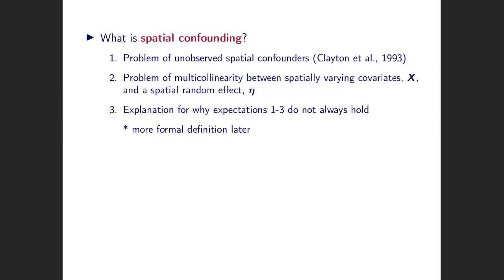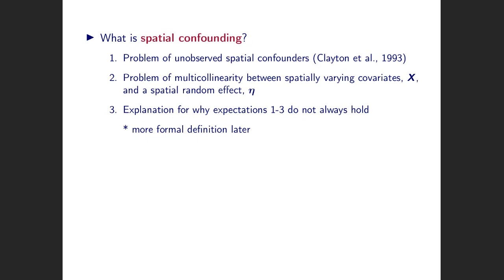So there have been several kind of loose definitions that have been put forth in the literature. Clayton et al., in a very famous paper on Bayesian disease mapping, suggested that spatial confounding was a way of thinking about the problem of unobserved spatial confounders in disease mapping settings.